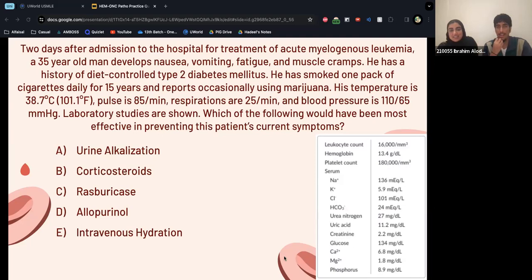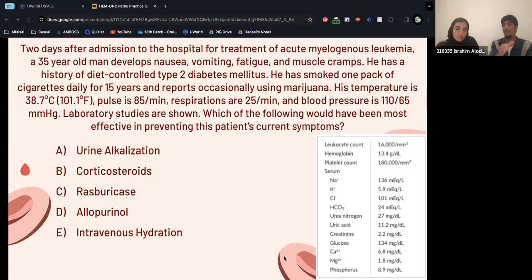I brought this up because I remember when we were being taught about tumor lysis syndrome, it was emphasized to us how important hydration is for preventing it. You need to keep the patient well hydrated. I saw someone answer rasburicase. Rasburicase is a good preventative measure, a prophylaxis you could give to prevent tumor lysis syndrome, but it's not among the first lines of things, nor is it that important.